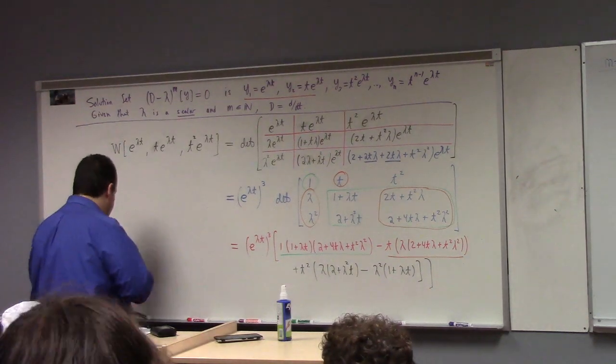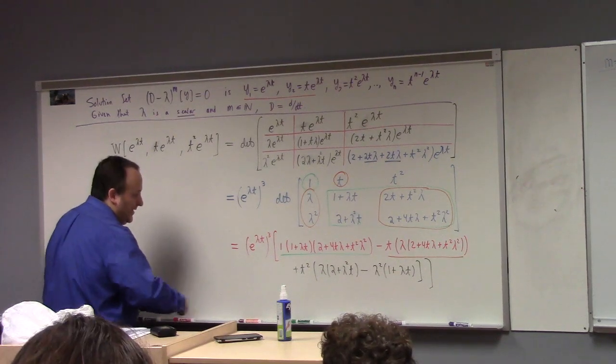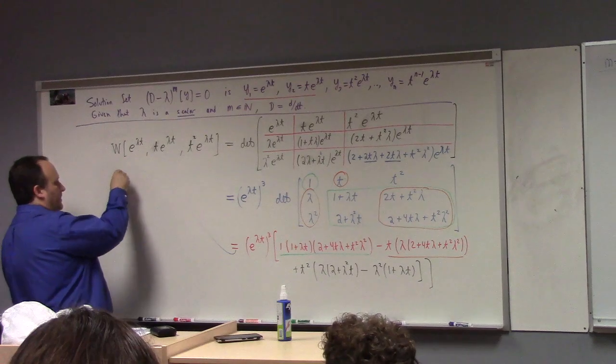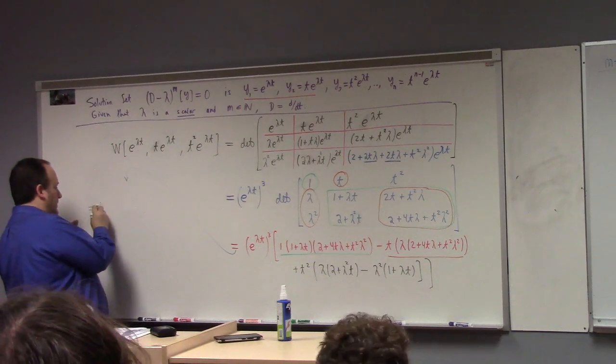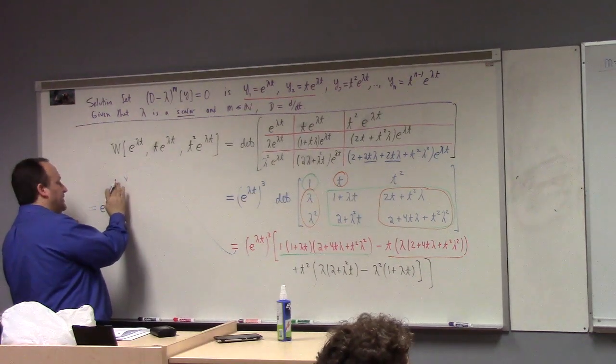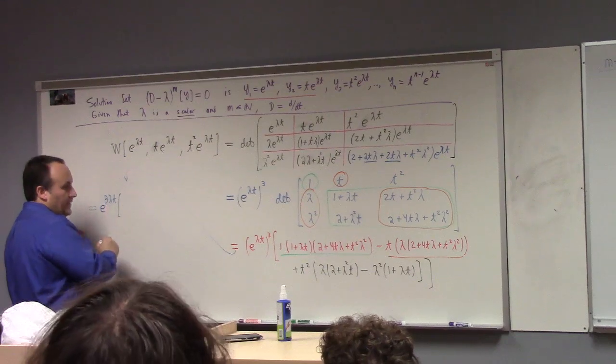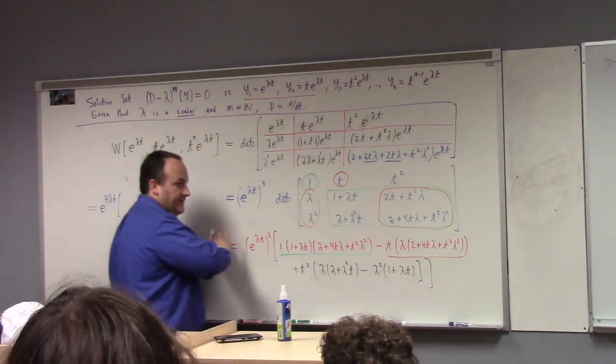And so if I'm doing a calculation like this, here's how I do it, guys. I go order by order. So I've got my e to the t. Well, I could just write e to the 3 lambda t out front, right? And what's the highest order we have here?